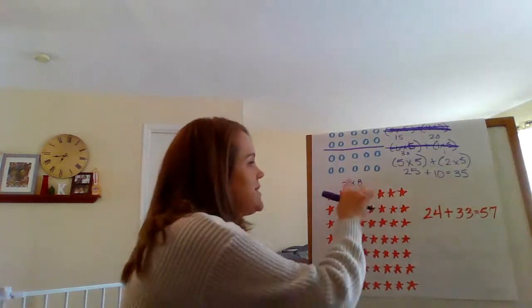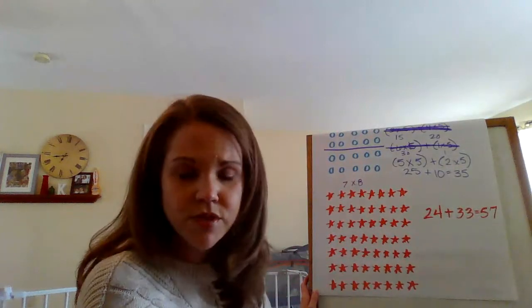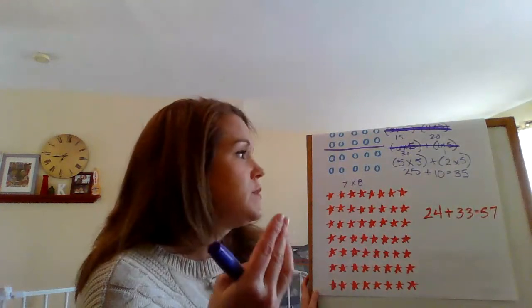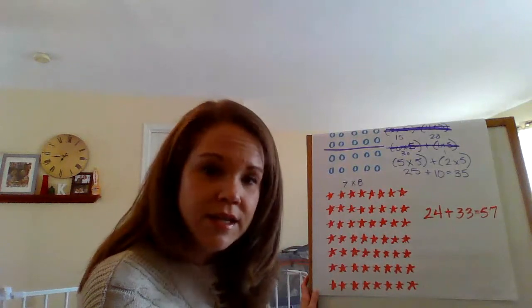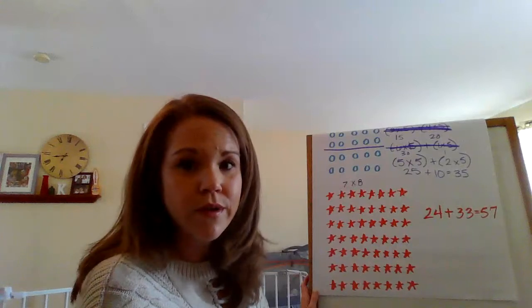And when I say my 7s, I don't say 24, right? 7 times 1 is 7, 7 times 2 is 14, 7 times 3 is 21, 7 times 4 is 28. I skipped right over the 24, so I don't think that's it.